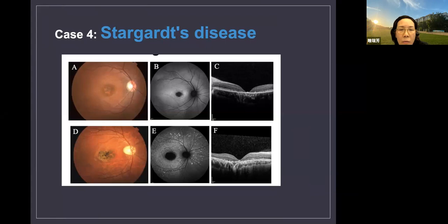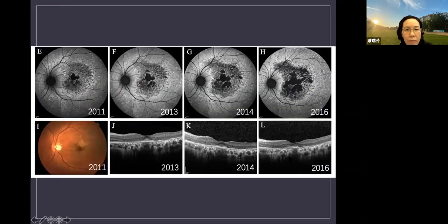In the beginning, the visual acuity may be mildly impaired, but with progression, the disease will bring severely decreased visual acuity, and the retinal involvement will spread. Not only the macula, the whole retina may be involved.